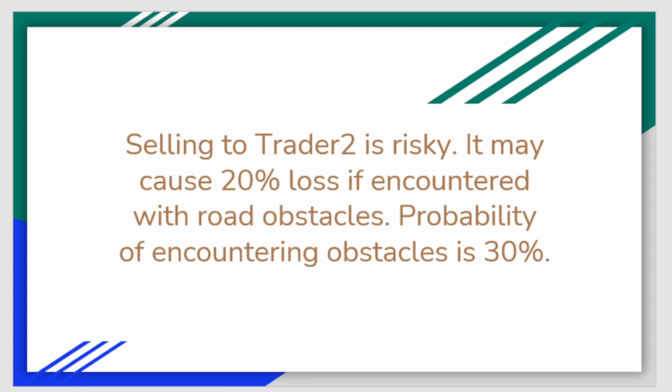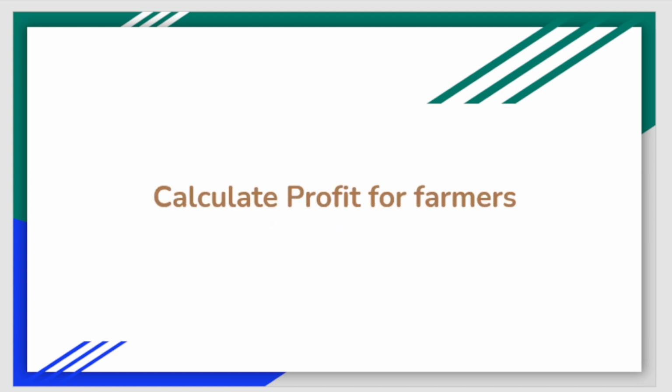It's 20% of the quantity of your wheat, and the probability of encountering this obstacle is just 30%. So it's up to you at which level you want to take risks. It's purely a random phenomenon, and the probability is just 30% chances.